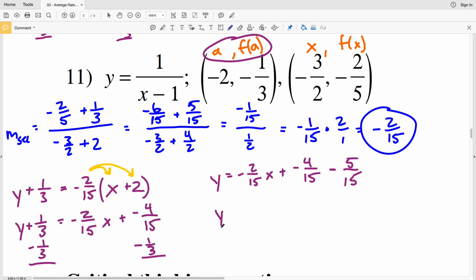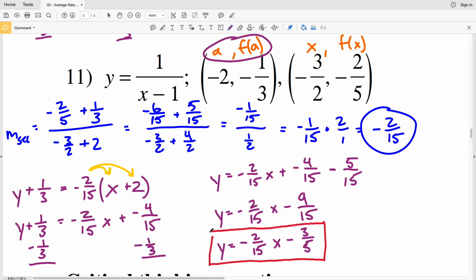So I'll have y equal to negative 2/15 x minus, negative 4 minus 5 is a negative 9, but as opposed to adding a negative, I'll subtract the positive 9/15. But quickly, 9/15 can be simplified down. So I'll have y equals negative 2/15 x minus 3/5, because 9 divided by 3 is 3, and 15 divided by 3 is 5. And that's my solution in number 11.